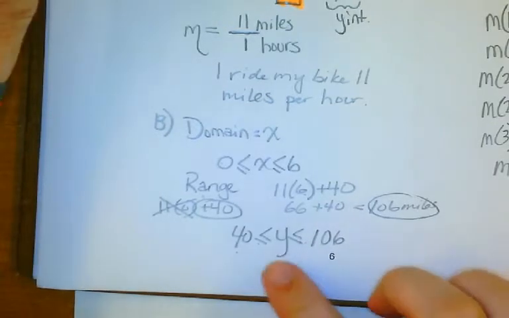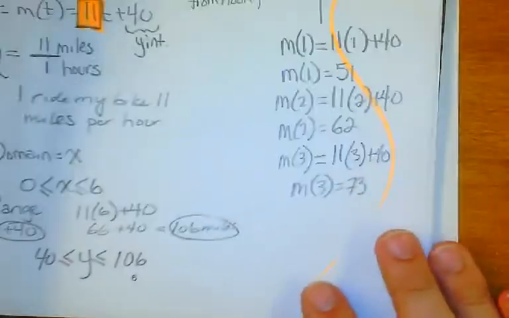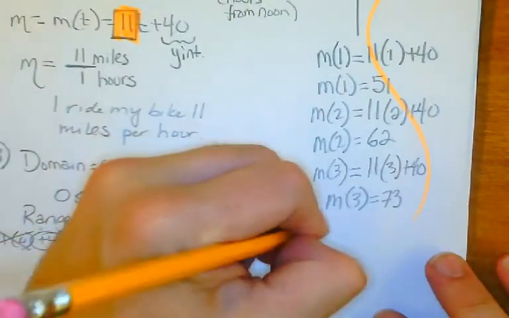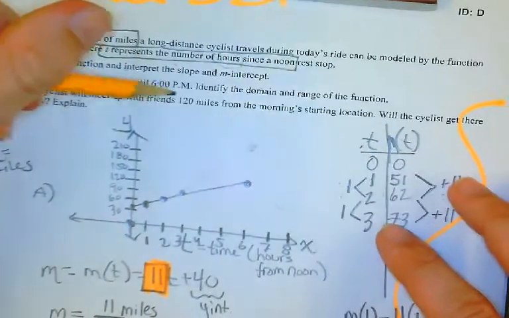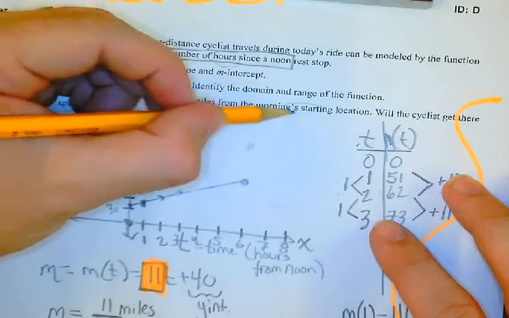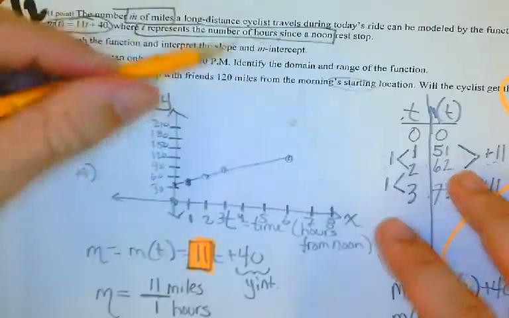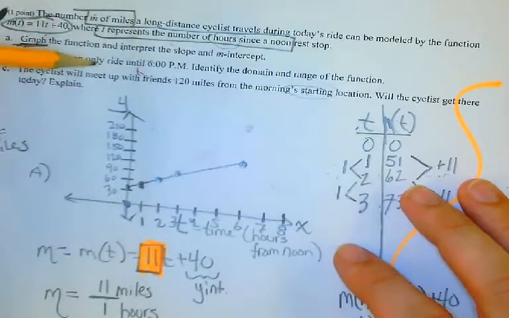All right, so in part C, it's going to ask us, okay, the cyclist meets up with friends from the morning starting location. So that was even back here, right? Because we started this graph at noon.